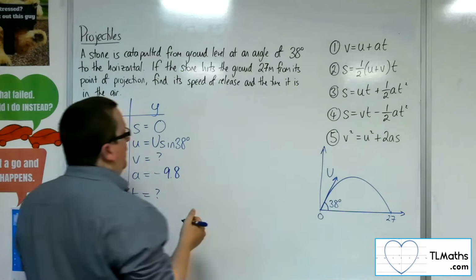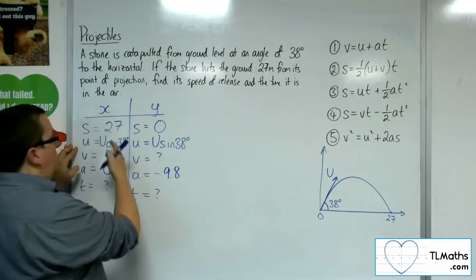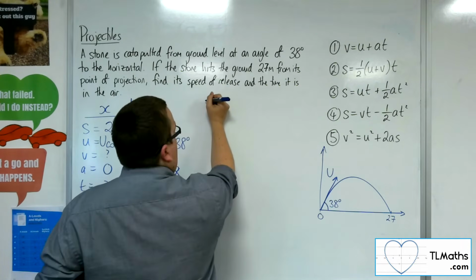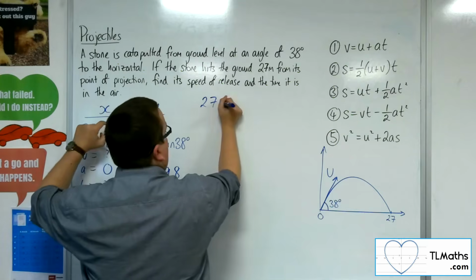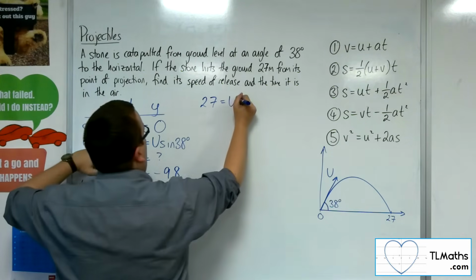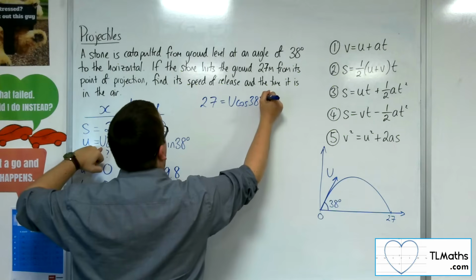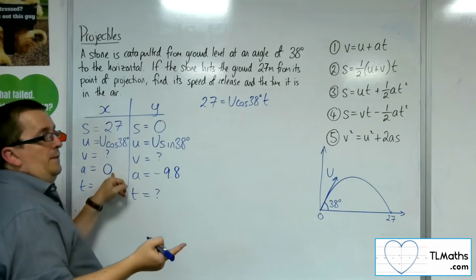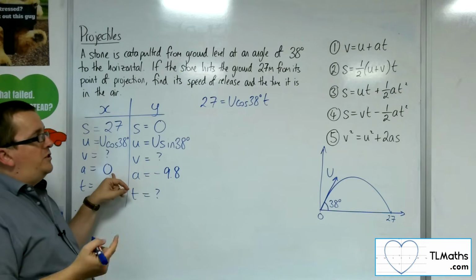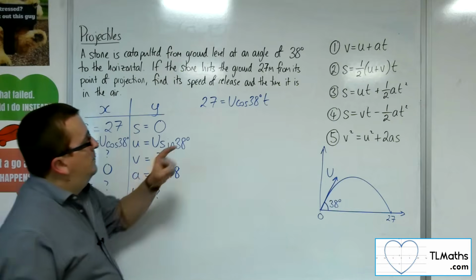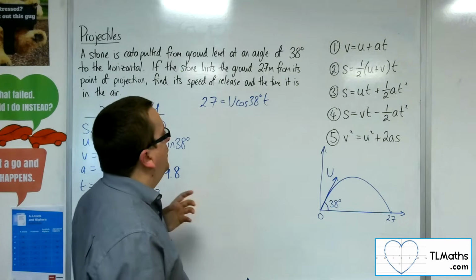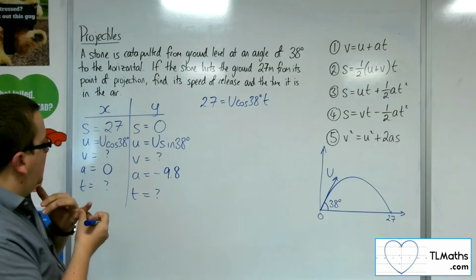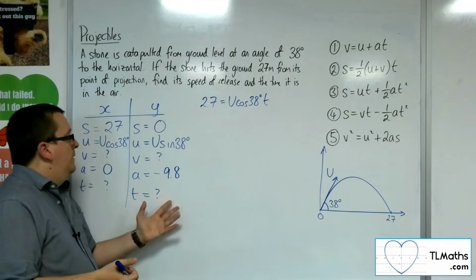So if I utilize equation number 3 for the x direction, then I will have 27, the s, is equal to u cosine 38 times t plus a half times a t squared. Well, a half times 0 times t squared is just 0. So 27 is equal to u cosine 38 t. That's given me one equation. Now, can I use the same format to get another?